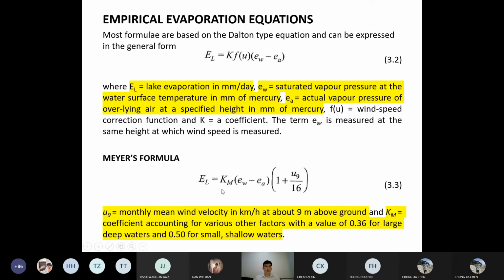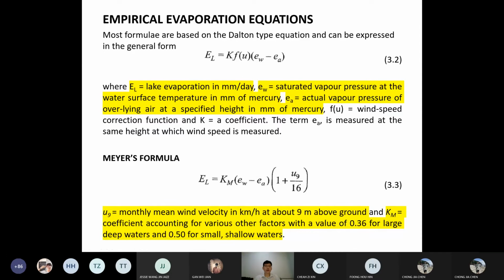Km is the coefficient accounting for various other factors which are not being considered, with a value of about 0.36 for large deep water and 0.5 for small shallow water. So it depends on the kind of reservoir.